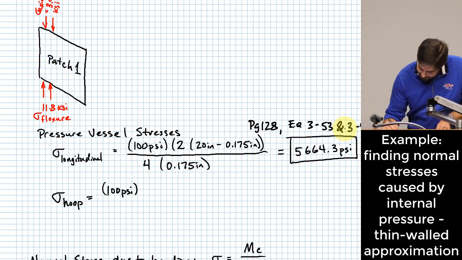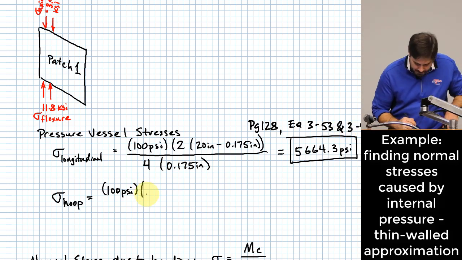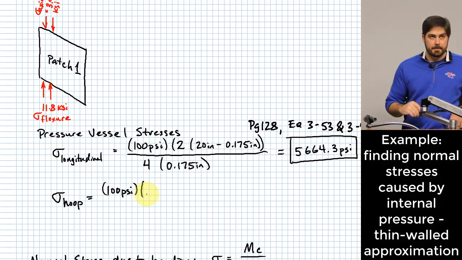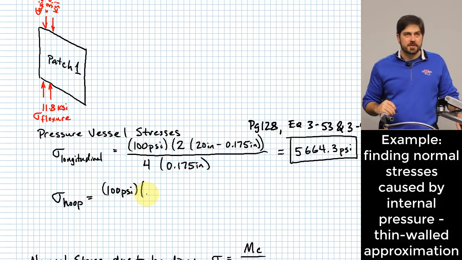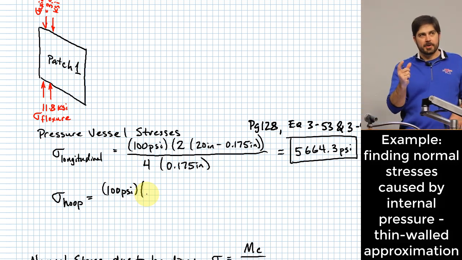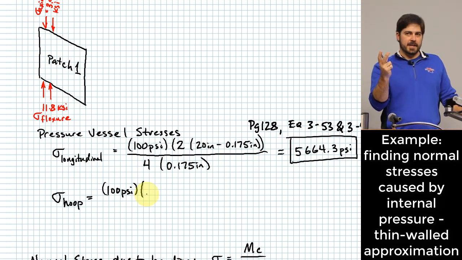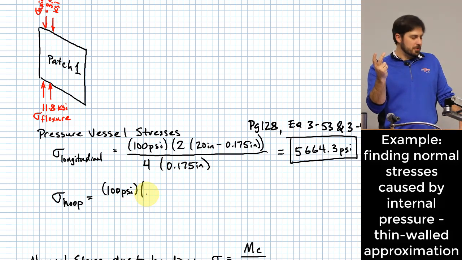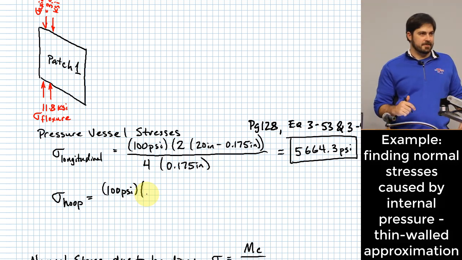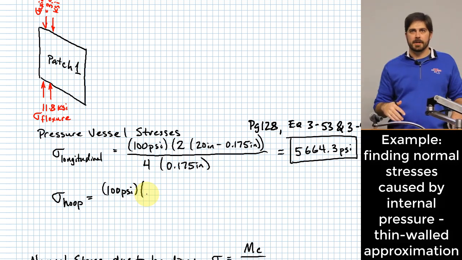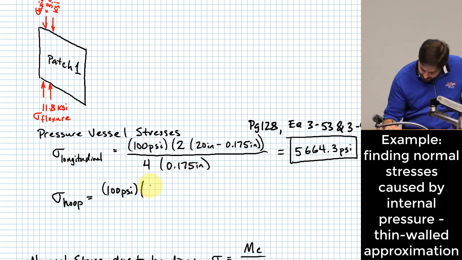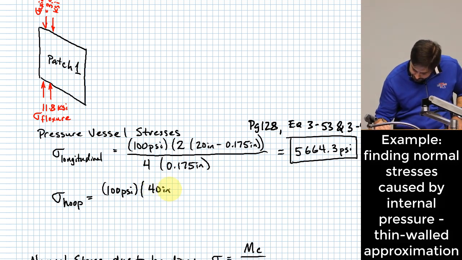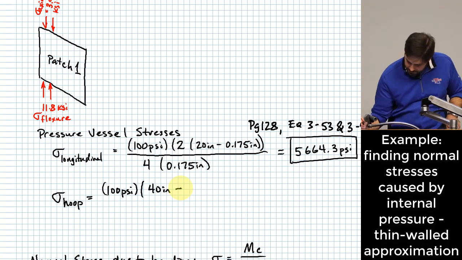All right, 100 psi times internal diameter plus thickness. What's actually true there is that if you take the internal diameter and add thickness, what if you have the outside diameter? You could subtract thickness, right? What you're doing basically is going to the center line of the wall of the pressure vessel. So I'm going to write it that way, with the outside diameter minus the thickness.